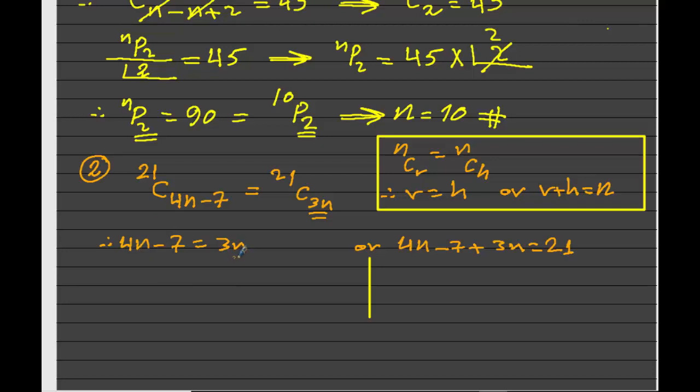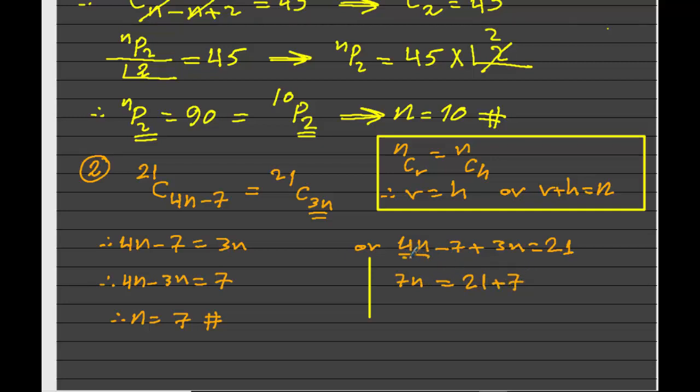4n minus 7 equals 3n. It means 4n minus 3n equals positive 7. So n equals 7. Or 4n plus 3n, it is 7n, equals 21 plus 7.